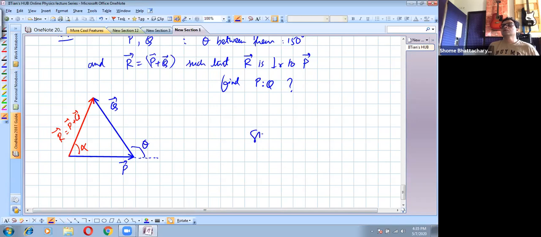Given that theta is 150 degrees and alpha is 90 degrees, we have to find the ratio of P by Q.